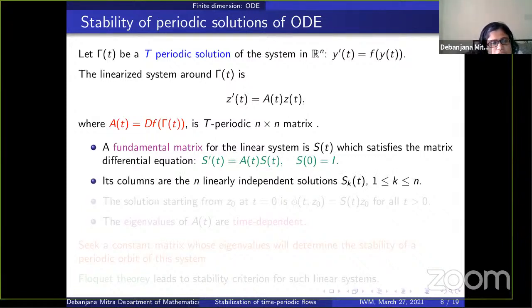each column of this fundamental matrix is linearly independent. So you have n columns and n linearly independent column vectors in particular. That is the property of the fundamental matrix.